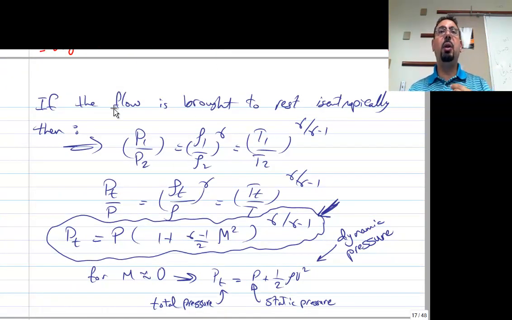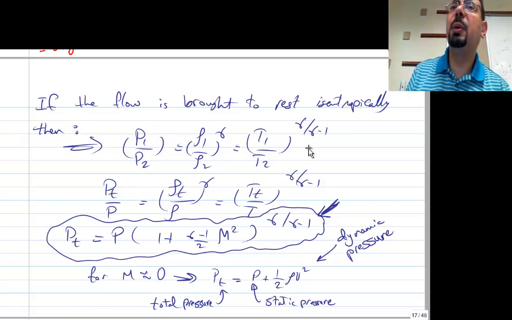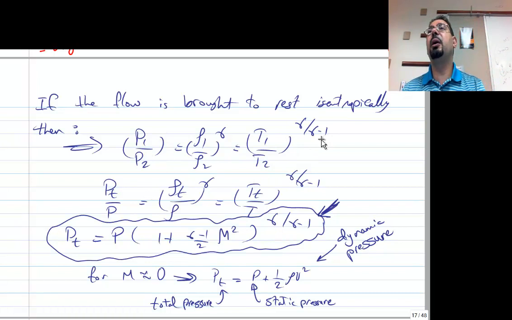So there is also, remember when we said when the flow is going through an isentropic process, there is a relation between the pressure and the temperature ratio. That was from chapter 1. So P over P is basically T over T to the gamma over gamma minus 1.